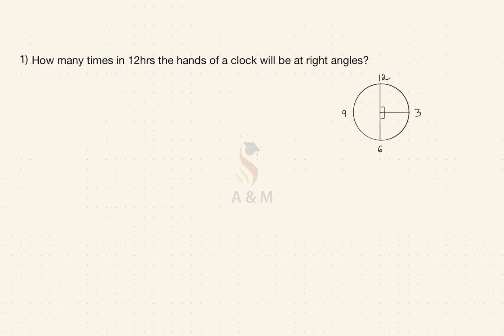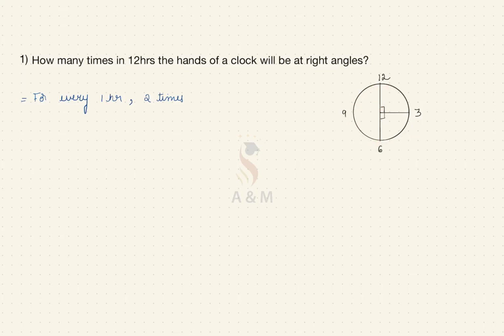First problem: how many times in 12 hours will the hands of a clock be at a right angle? You know what a right angle is, right? So remember this, for every 1 hour, this right angle position will come 2 times. That is, for every 1 hour this position comes twice.